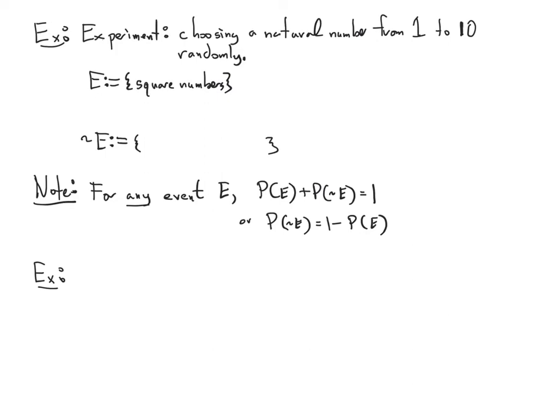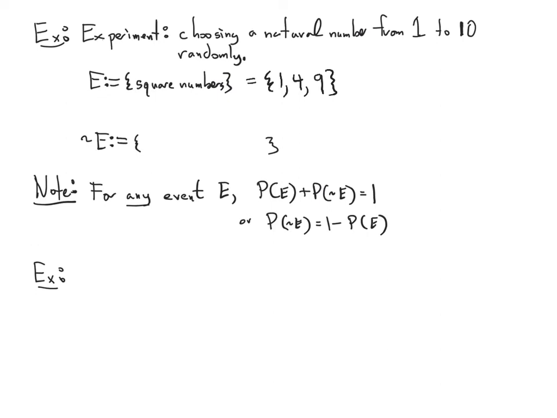So 1 times 1 is 1. 2 times 2 is 4. 3 times 3 is 9. 4 times 4 is 16. That's too big, since we're only dealing with the numbers from 1 to 10. So the square numbers are 1, which is 1 squared, 4, which is 2 squared, and 9, which is 3 squared.